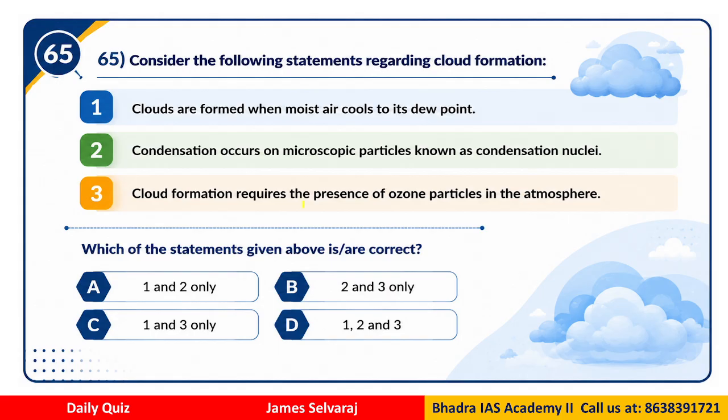Cloud formation requires the presence of ozone particles in the atmosphere. So we have three statements, which are correct? We have option 1 and 2, 1 and 3, 2 and 3, 1, 2 and 3. So we need to understand this kind of thing. This is basic science as well as geography.